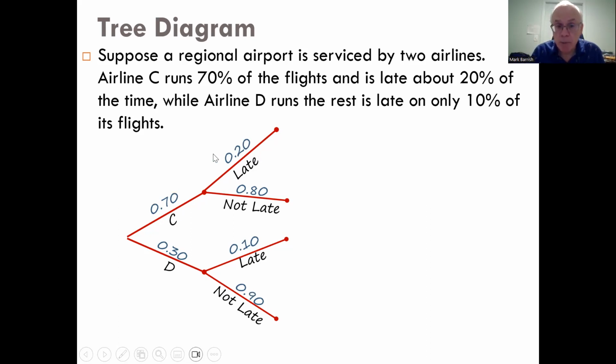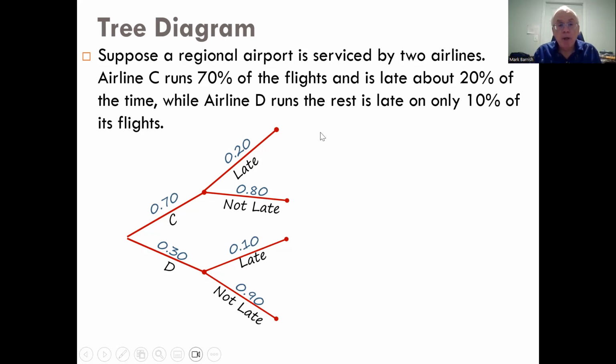This is the conditional probability. And then 0.8, which is 1 minus 0.2, is the probability that you're not late, given that you've taken airline C. And very similar idea down here with airline D. 0.1 is the probability that you're late, given taking airline D. 0.9, which is 1 minus 0.1, is the probability that you're not late, given airline D.